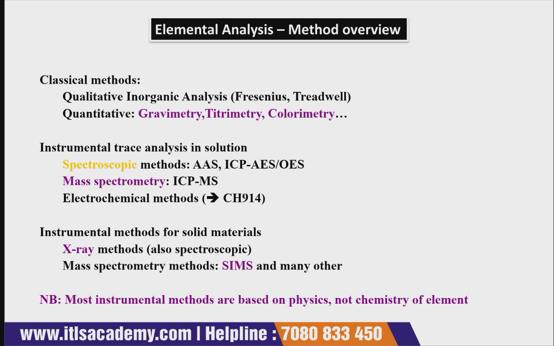The first one is qualitative and organic analysis. The second is quantitative, that is gravimetry, titrimetry, colorimetry. So what are the different types of instruments used here? Spectroscopy, for example, atomic absorption spectroscopy, mass spectroscopy. Okay, so these are the instruments where you want to analyze the trace analytes present in a solution.